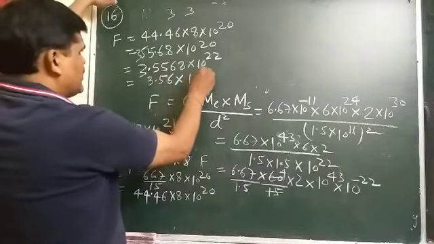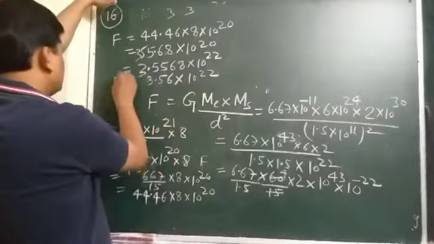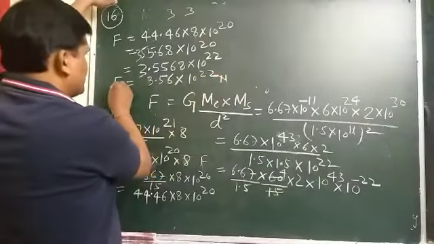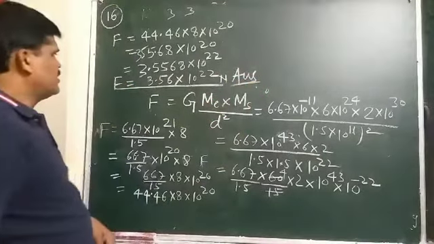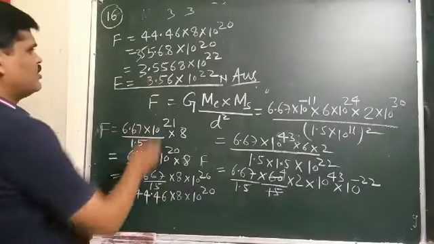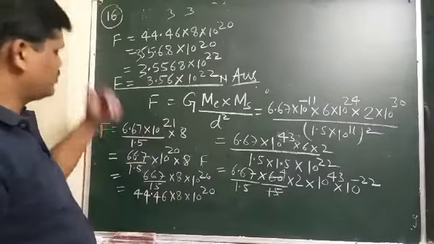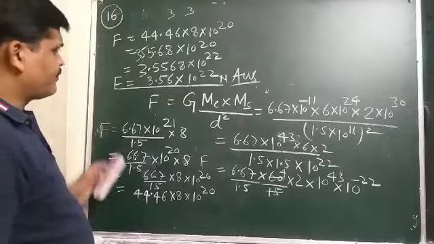And this is the force of gravitation between earth and the sun, 3.56 into 10 to the power 22. This is the answer of question number 16.